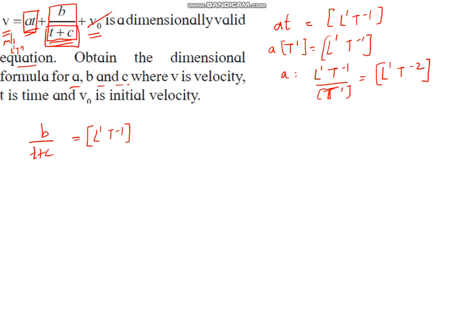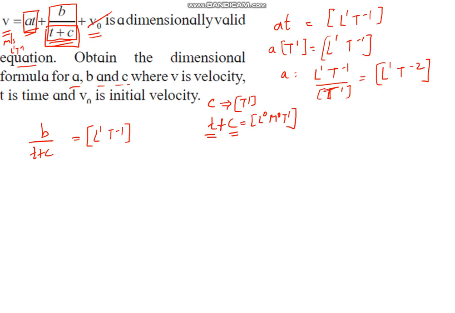The denominator part is T plus C. Now whenever two terms are added, remember this, they both have the same dimension. So the first term is T, which stands for time. So the other term C will also have the same dimension as time. Therefore C ka dimension will be what? T raised to 1, or you can write it as L0 M0 T1.